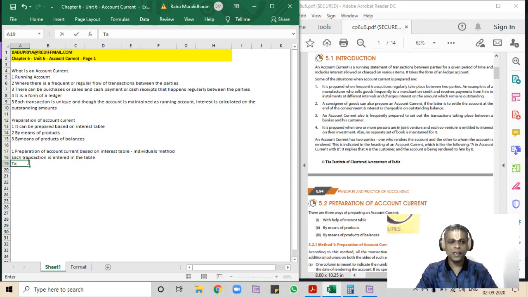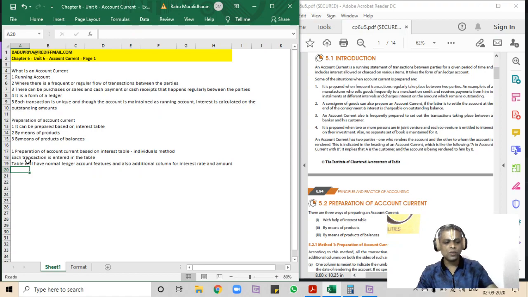The table will have normal ledger account features, and also an additional column for interest rate and amount.